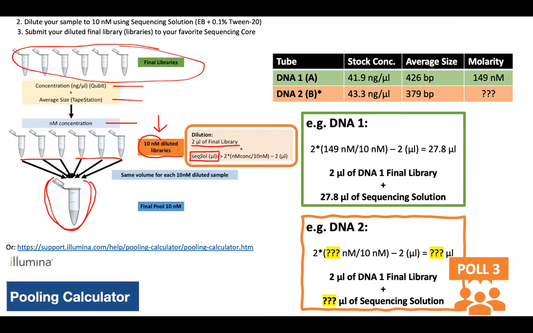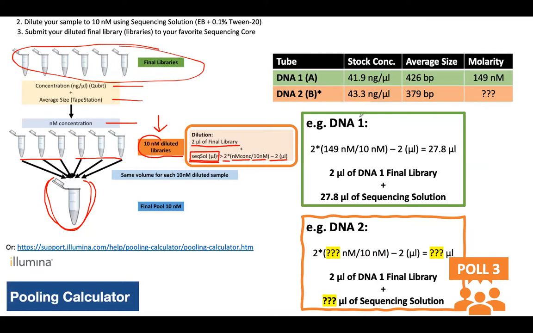It's very simple, the same as EB buffer: Tris 10 millimolar pH 8 with 0.1% Tween. This is the formula to calculate how much of the sequencing solution you have to add to your 2 microliters of the final library to create a 10 nanomolar dilution.